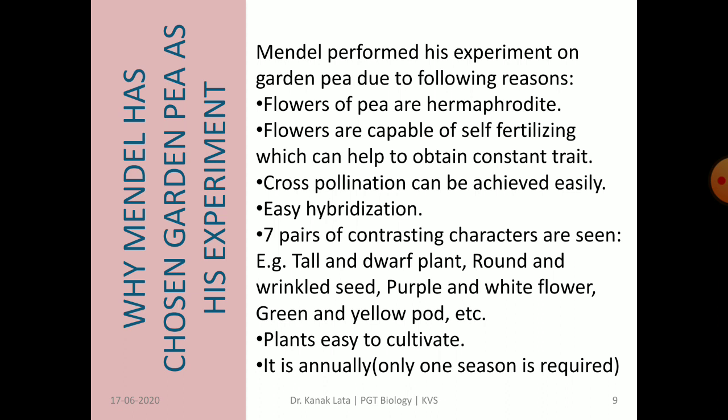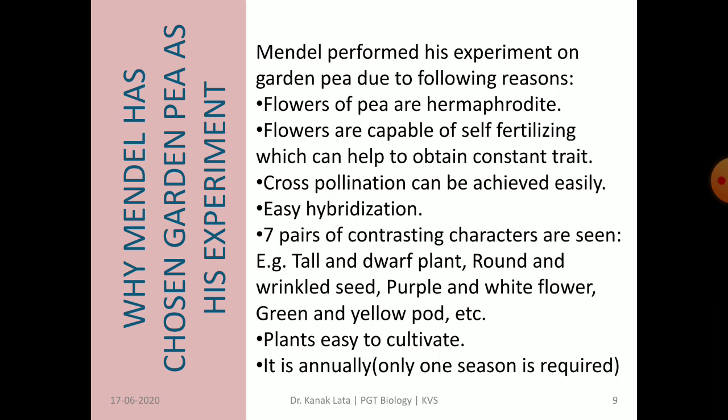In pea plant, cross-pollination can be easily achieved and it is easy to hybridize. The most important reason is that in pea plant, 7 pairs of contrasting characters are seen.